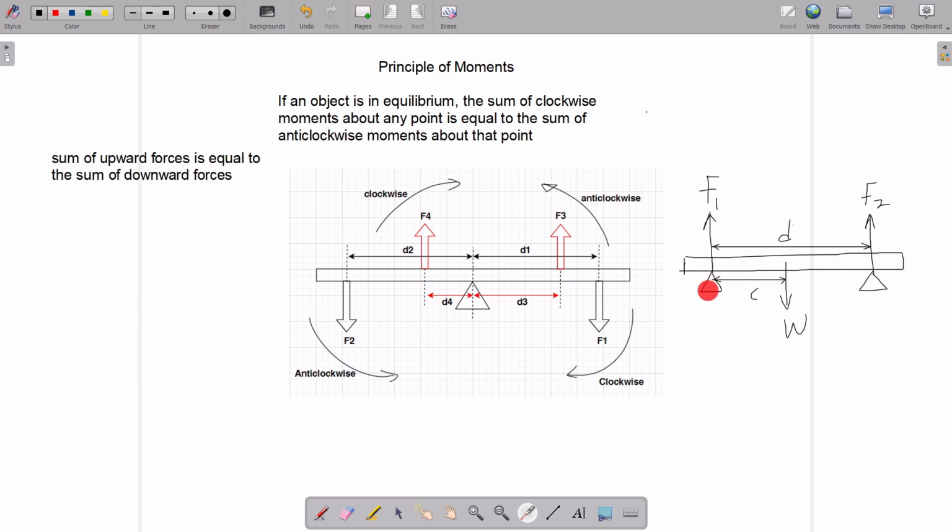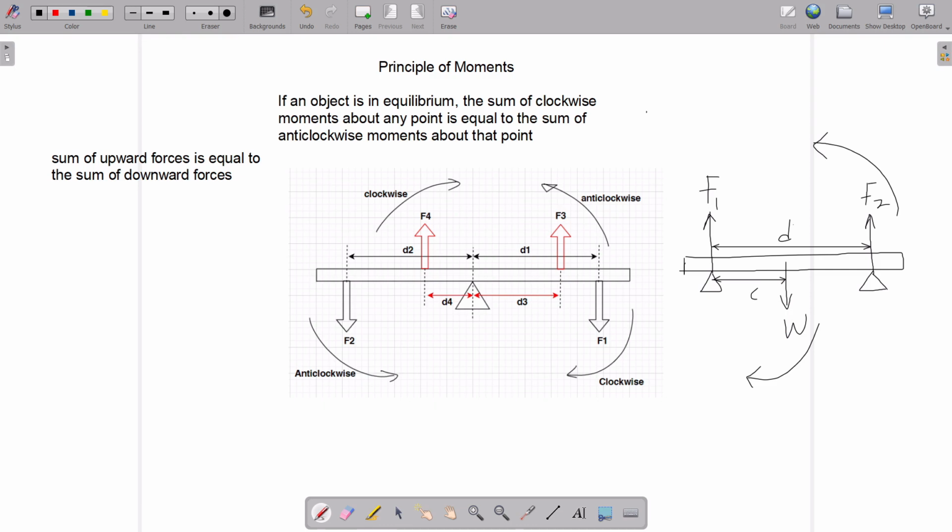If we are taking moments about this particular pivot, because F2 is acting upwards and the pivot is at the left side of F2, it is going to cause turning in this direction about this point. So it is going to act in the anti-clockwise manner. The weight is acting downwards. The pivot is at the left of the weight, and so its turning is going to be in this direction towards the pivot.